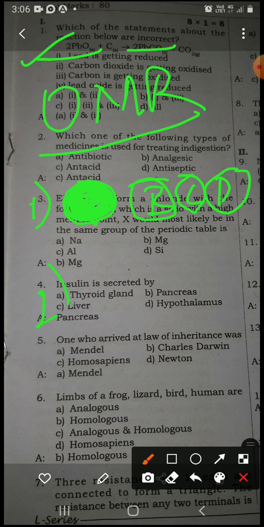For example, in that OMR series, for the second question, the options are also written A, B, C and D. Suppose C is the right answer, then you have to shade like this, and so on, right? It's a very simple process. But remember one more thing: you cannot shade two. Suppose you shade one answer and after that you come to know that option B is the right one.